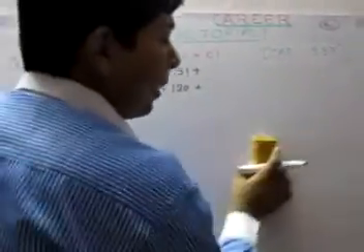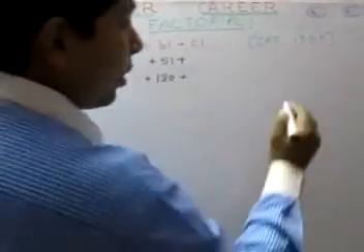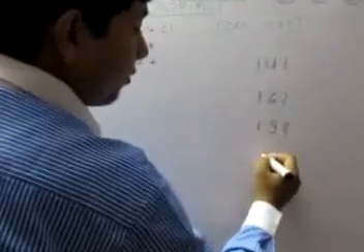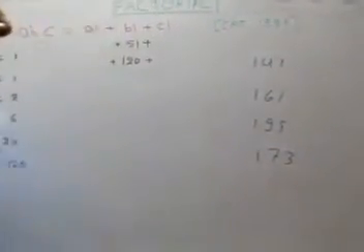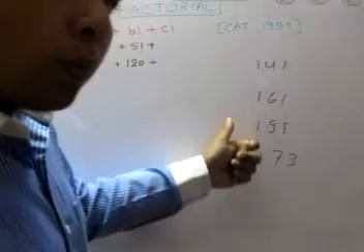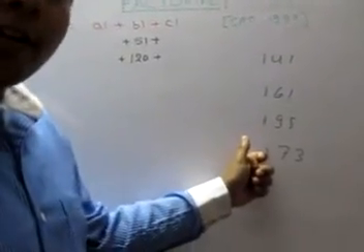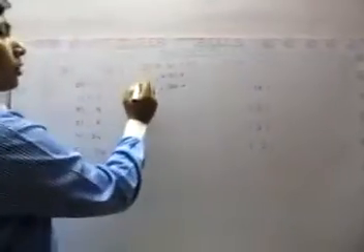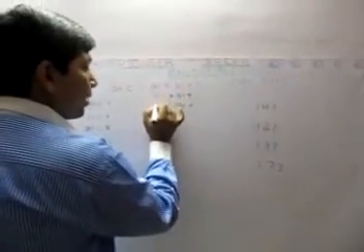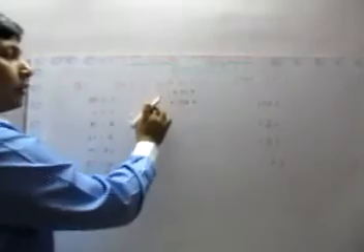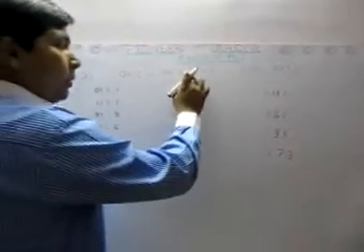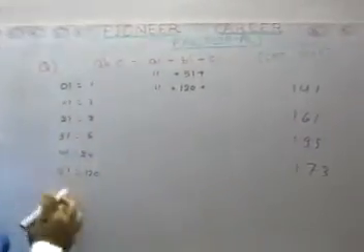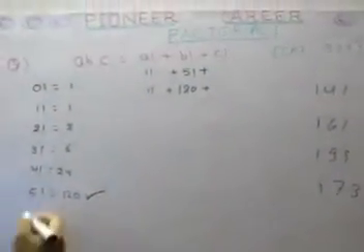For example, numbers more than 100 and less than 200 are 141, 161, 195, 173. In each case, any number more than 100 and less than 200 must have first digit 1. So we know A is equal to 1. So it must be 1 factorial. Now we have got A equal to 1. Either B or C is equal to 5. Now we need to find out the third one. So we have used 5 factorial and 1.